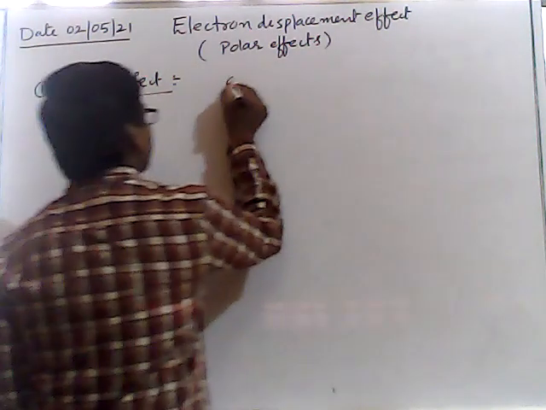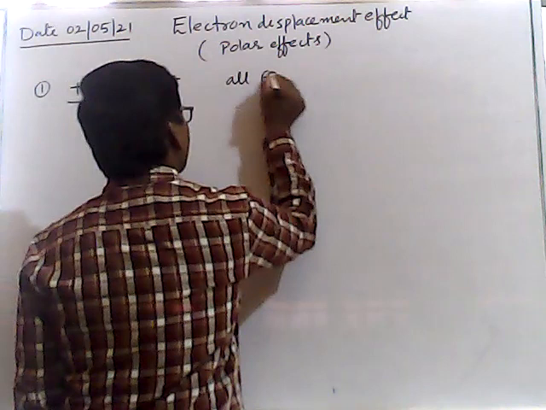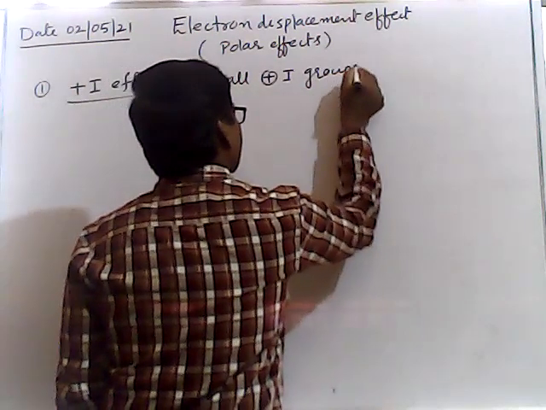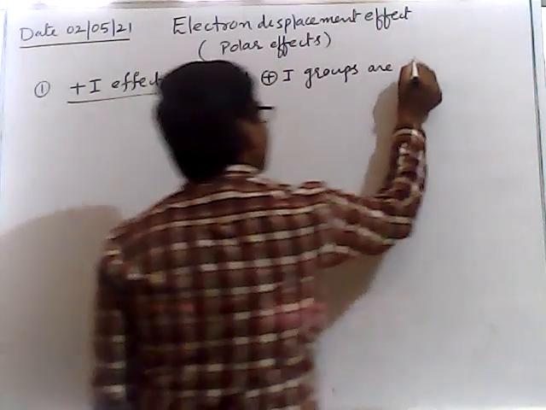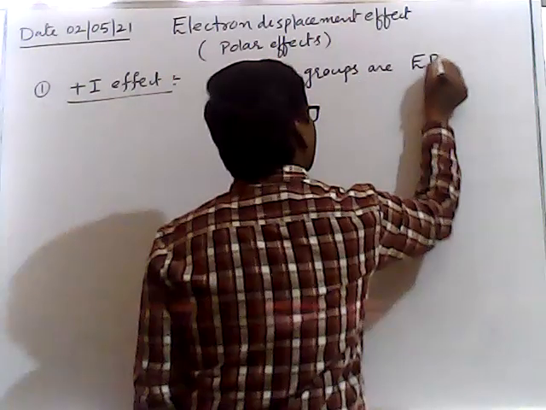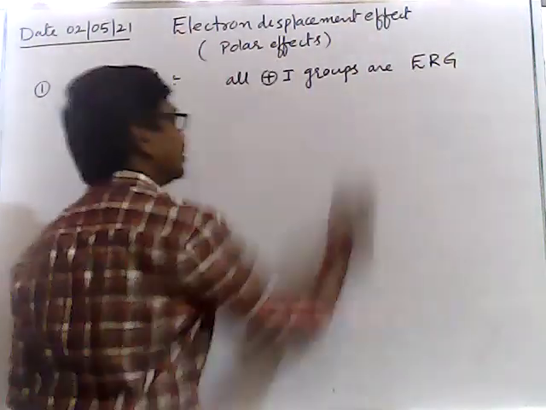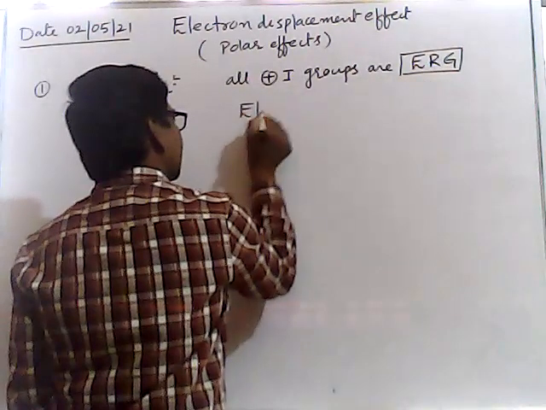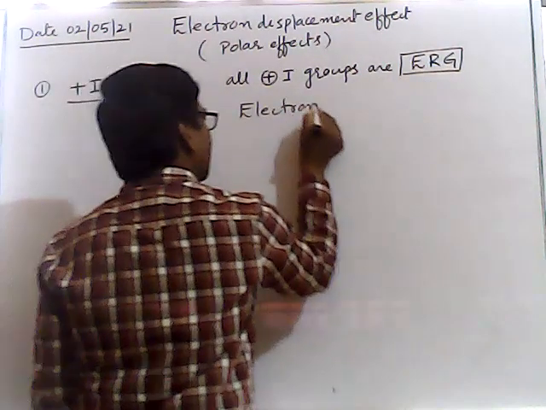All plus I groups are electron releasing groups. ERG. What does it mean? ERG means electron releasing groups.